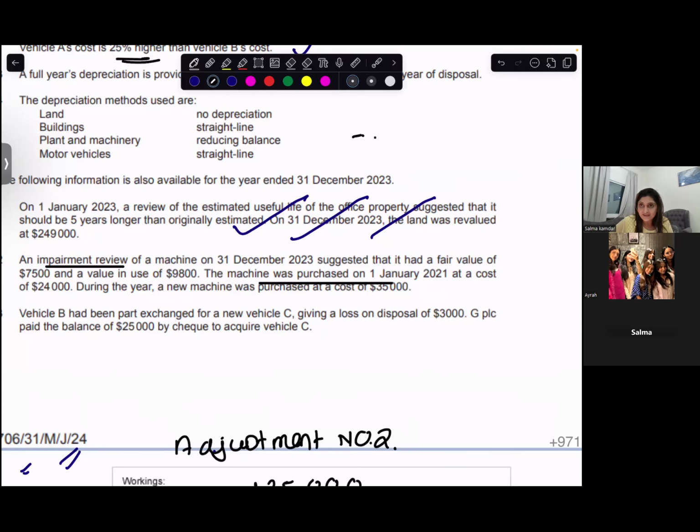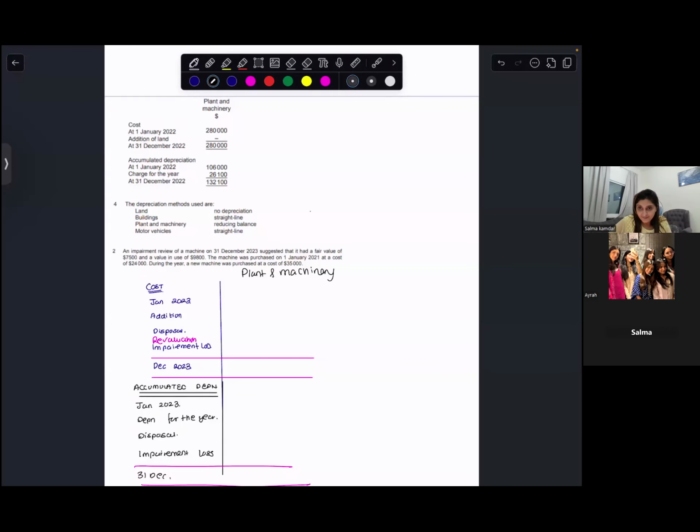So when you are doing the plant and machinery schedule, you will have addition, you will have impairment, but there is no disposal, and the charge for the year will be there.